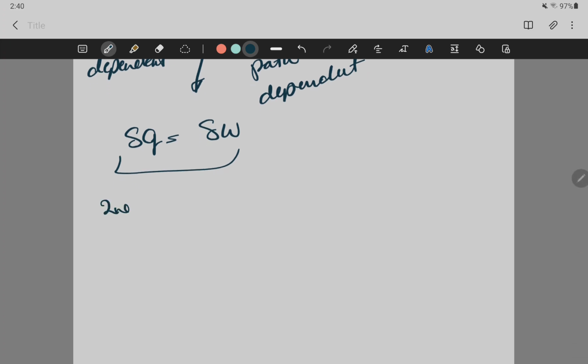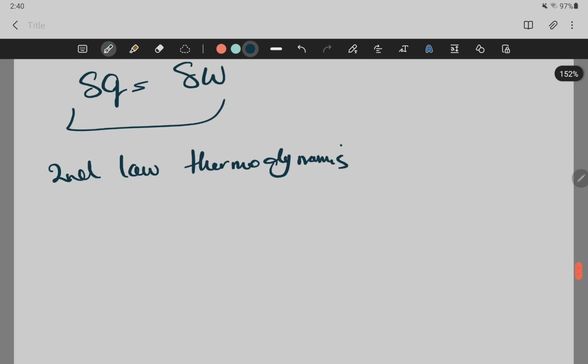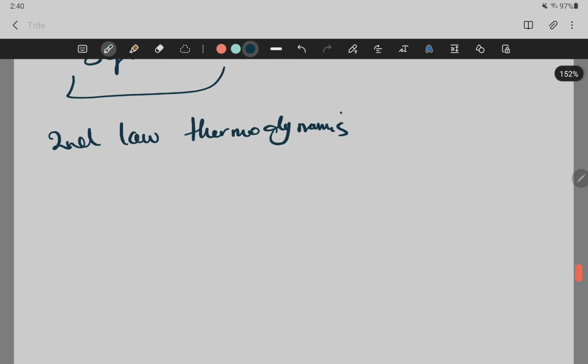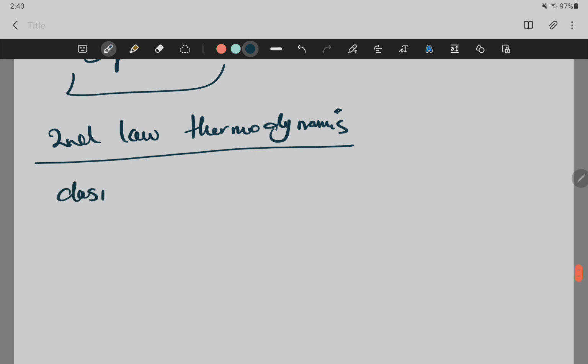Second law of thermodynamics. Who can tell me what the second law of thermodynamics was? Entropy always increases, which is true. Okay, can you give it to me as an equation, like the Clausius inequality? Does anyone remember this?